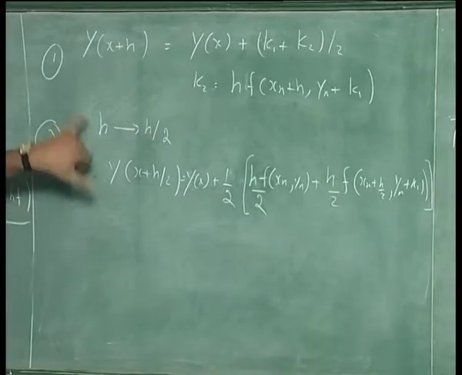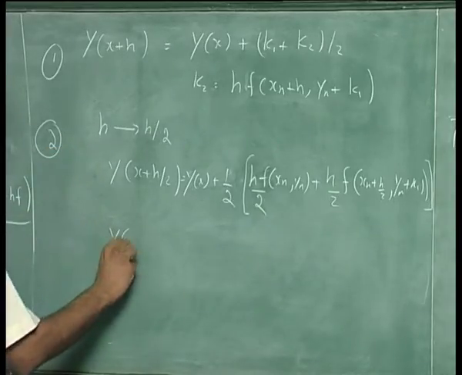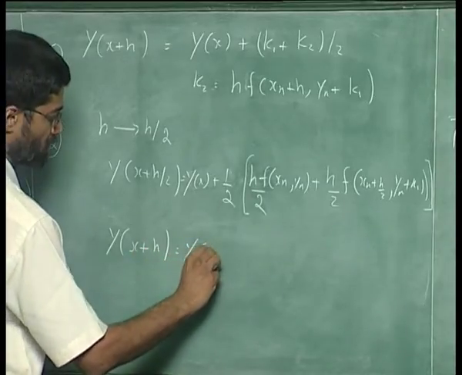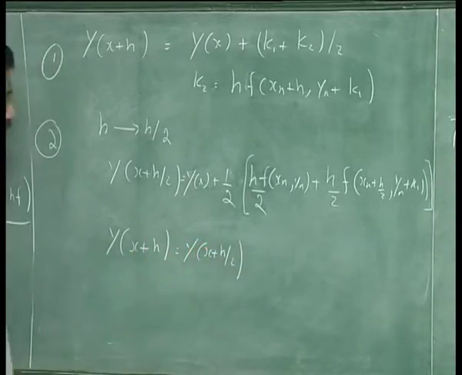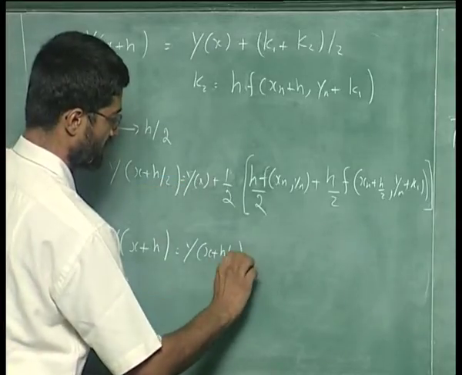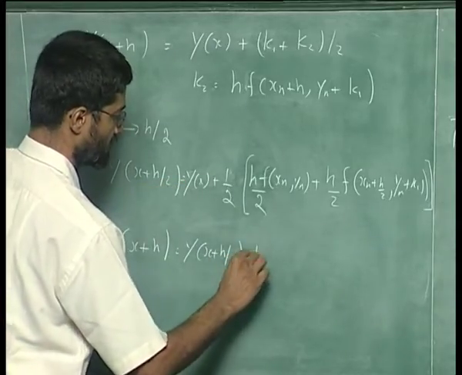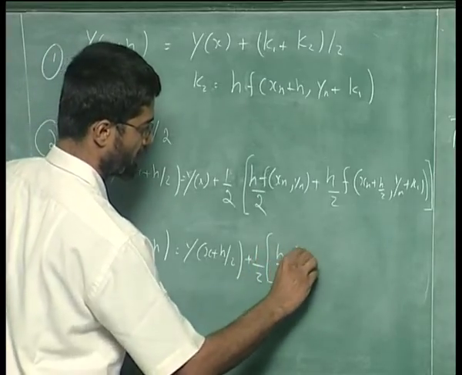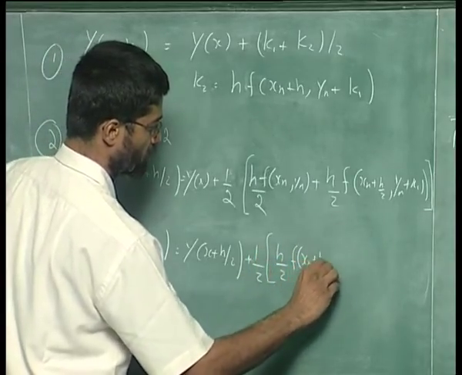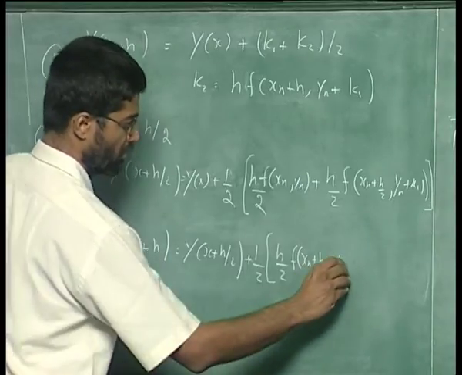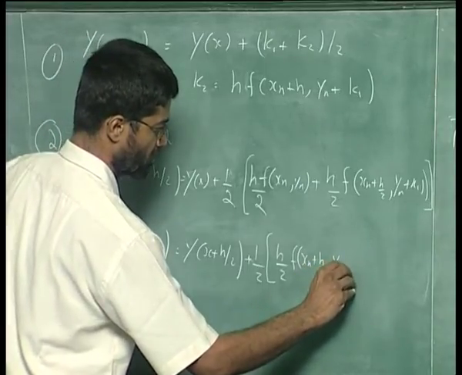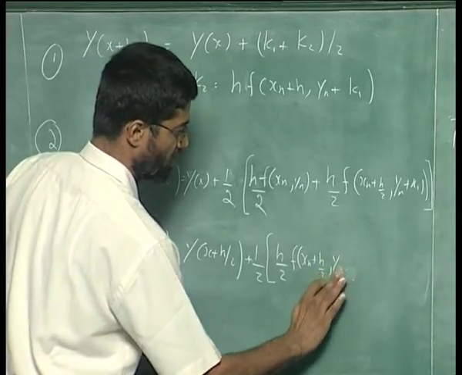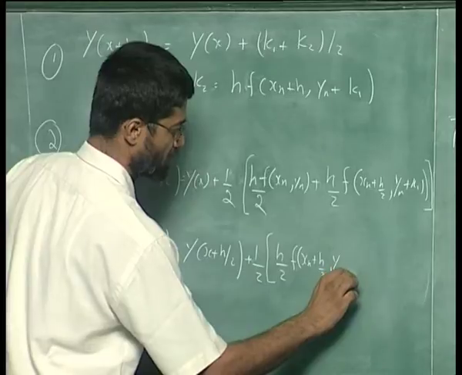Now I do this once again. I go to y at x plus h from y at x plus h by 2, and do the same thing again, that is half times h by 2, times the function value at xn plus h by 2, yn plus half. I would call y n plus half the y at xn plus h by 2.